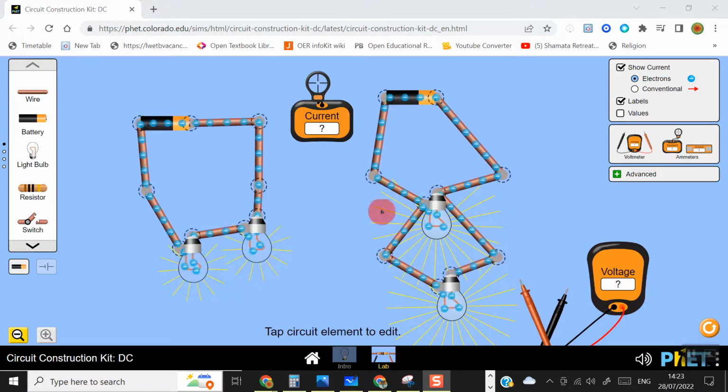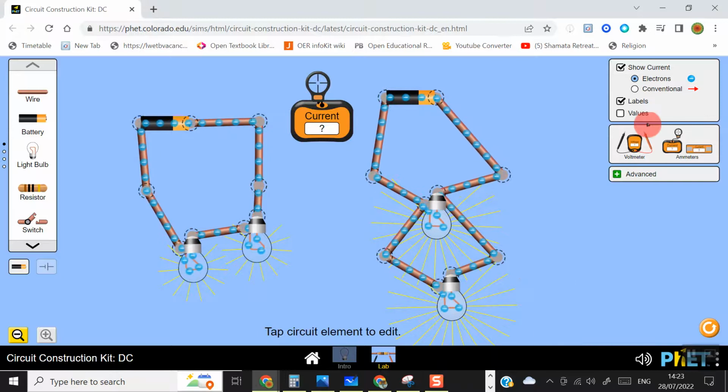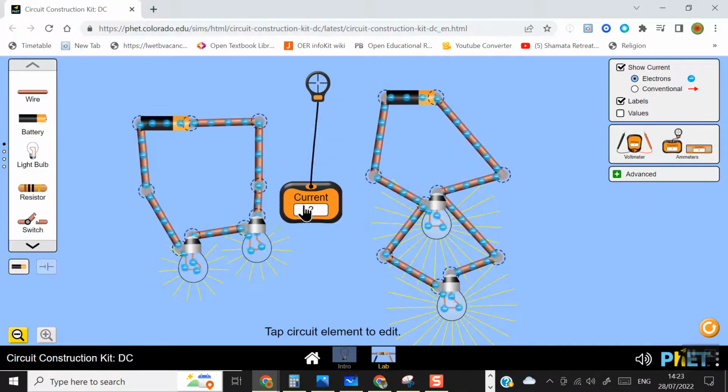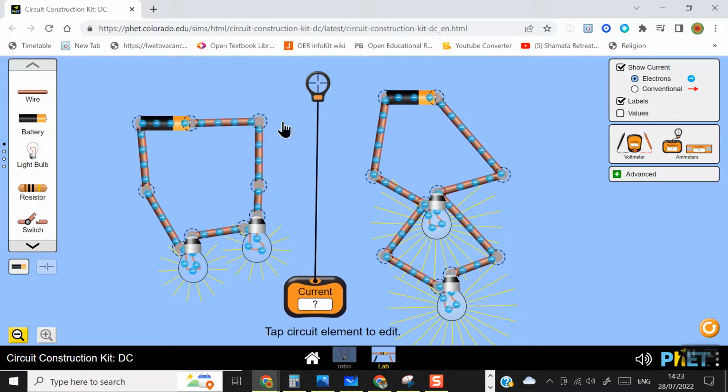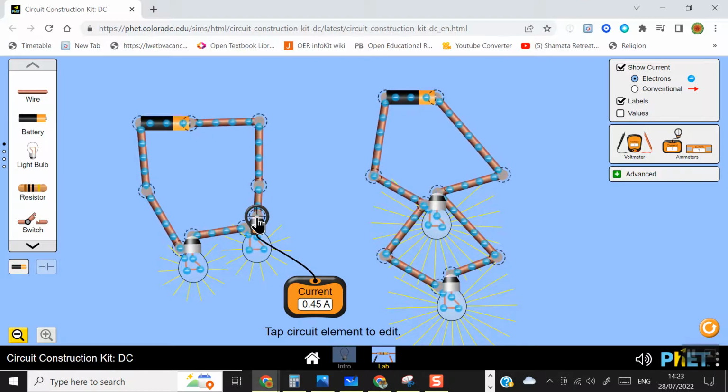Okay, so let's just get rid of the voltmeters for now because we're finished with those. So if we think about the current then, if we look at the current across this light here, it's only getting 0.45 amps, and the same over here as well. Whereas if we check this setup, we can see that there's more current, or electricity, flowing through the bulb.